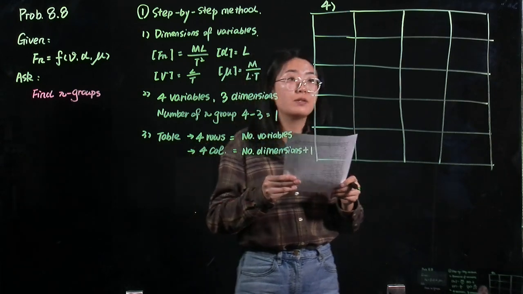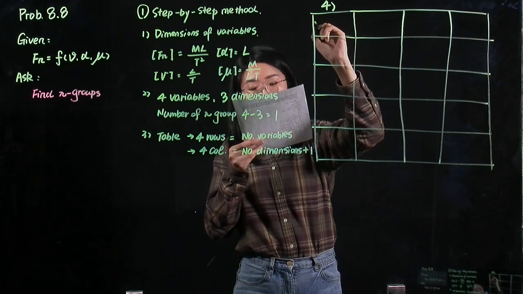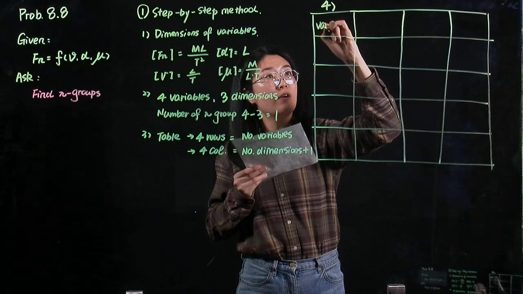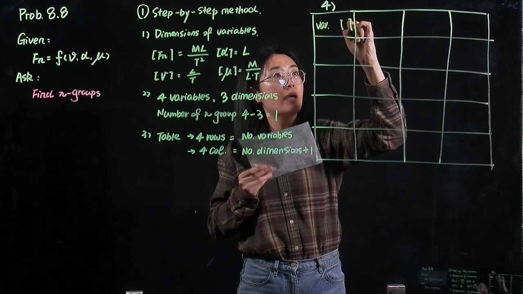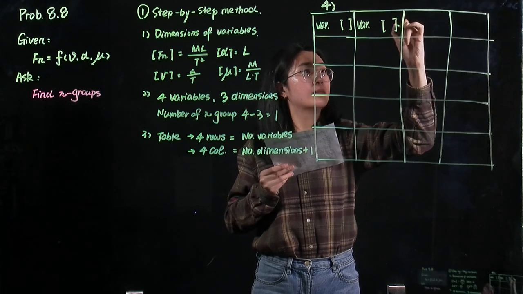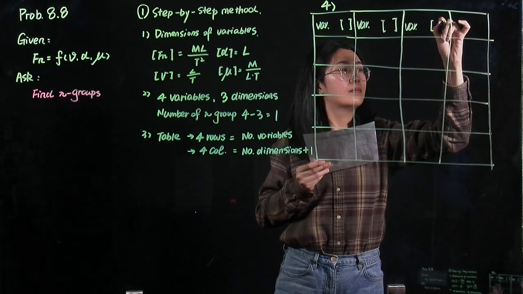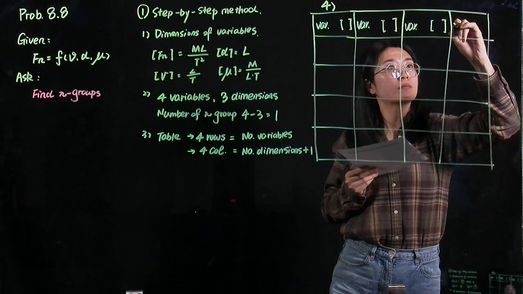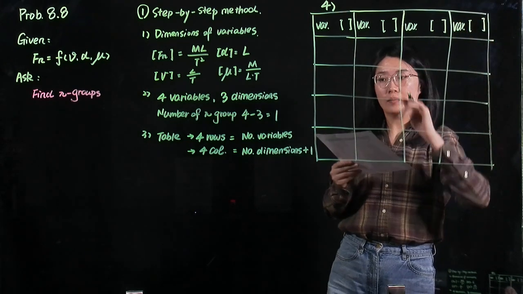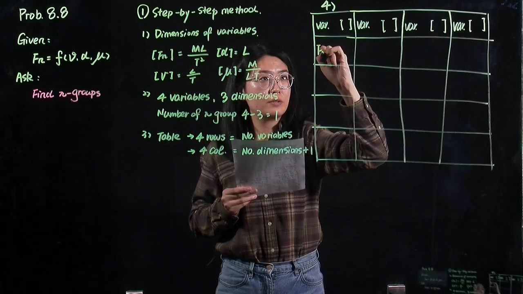Okay. So the first row is the title of each column. On the left hand side is variable. On the right hand side is dimension. So the first variable is the drag force.